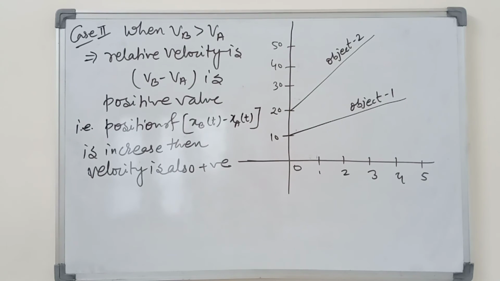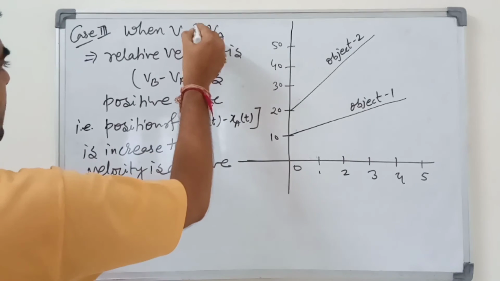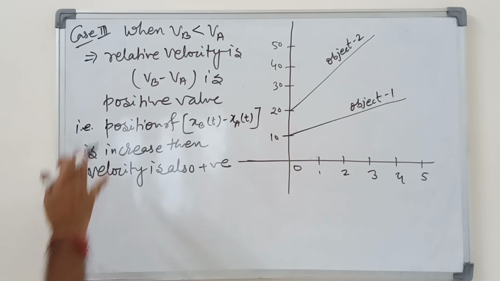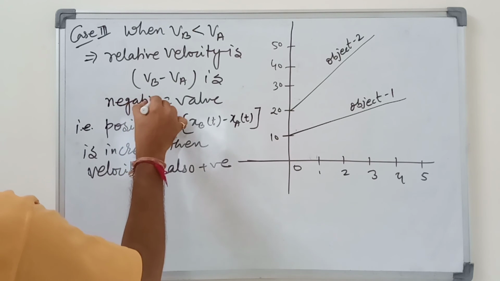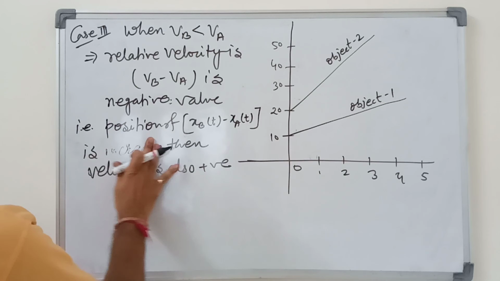Now the third case is vB less than vA. Since vB is less than vA, the relative velocity is negative, and the position difference vB minus vA is decreasing.